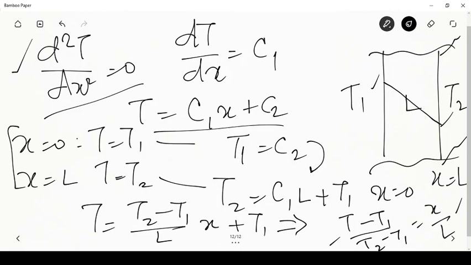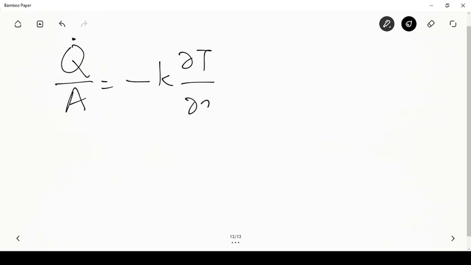The second thing that you get is that if I try to find out the heat flux at any location, which is q dot by A, which is given as minus k into dT by dx. In this particular case, it's dT by dx, because it's a total differential equation.